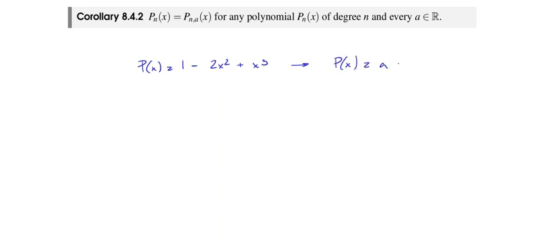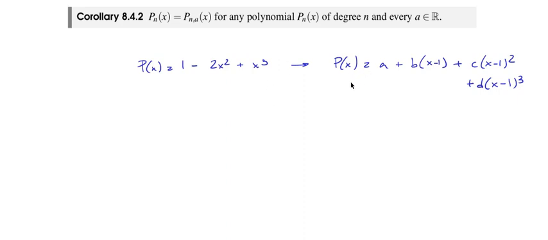So we have a plus b times (x minus 1) plus c times (x minus 1) squared plus d times (x minus 1) cubed. How can we do this? Well, one way to do it is just divide this by x minus 1, right? Over and over, and then you get the coefficients.